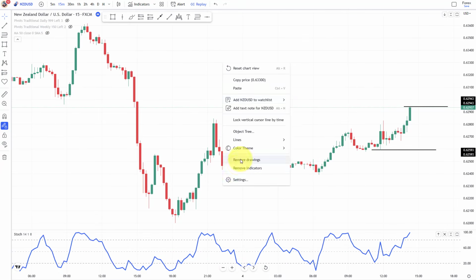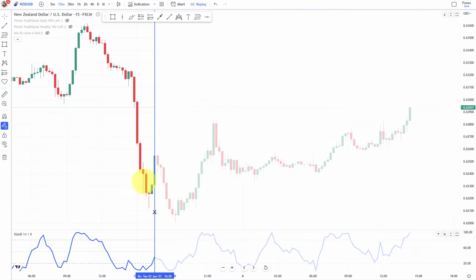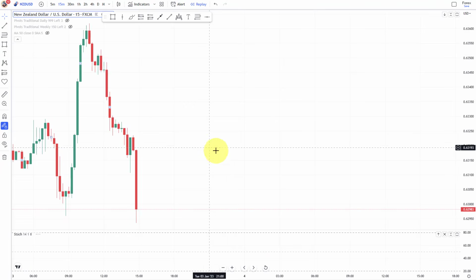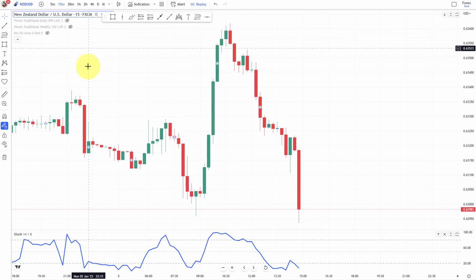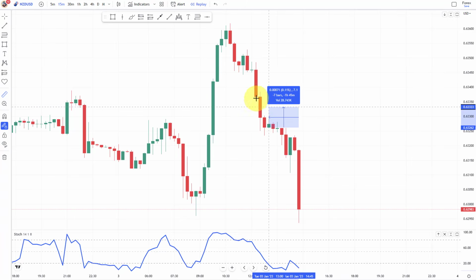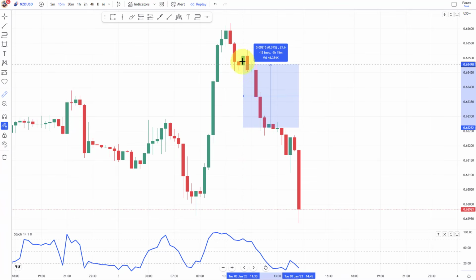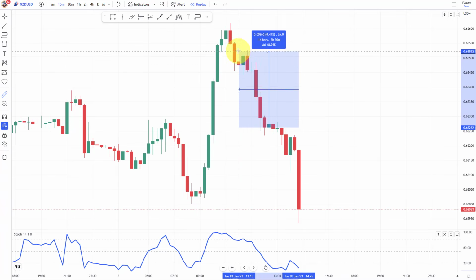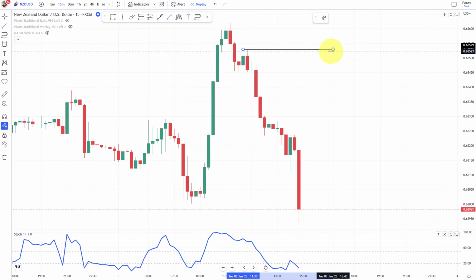So what we can do is, for example, look at this downtrend here. And let's start here. When we look back 14 candles from here, by the way, to measure the range in TradingView, you just hold Shift, you click, and then you get this measurement tool. So we look back 14 candles, and this is what we have. The high of this 14-bar period is here.